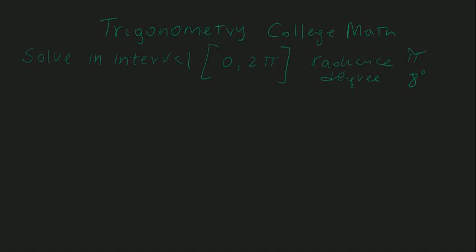So, let's say you were told 2 minus 8 cosine square t equals 0. Find the angle between 0 and 2 pi. What is the 2 minus 8 cos square t equal to 0?